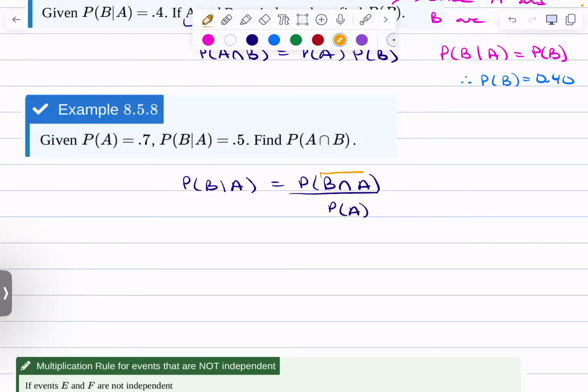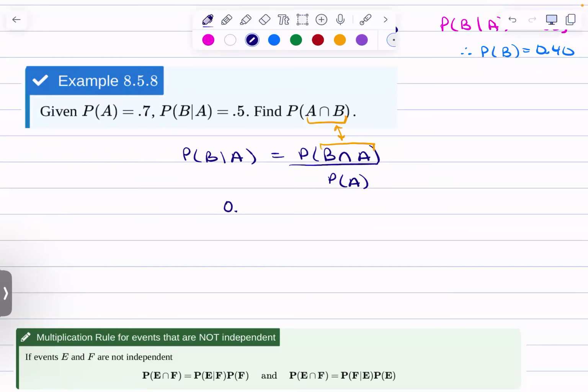The probability of B and A is the probability of A and B. And so what I'm looking for is that numerator. Right? Now I have the left-hand side, the probability of B given A is 0.5, is the probability of, and I'll swap it just so it looks the same, right? But just remember that it is the same thing, A and B. All right, and I'll just take it down here.